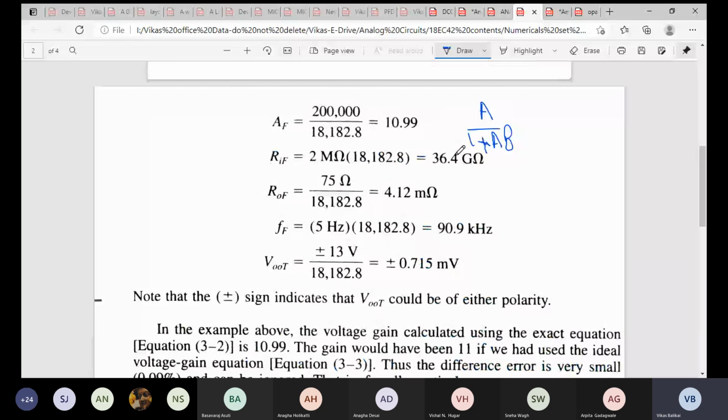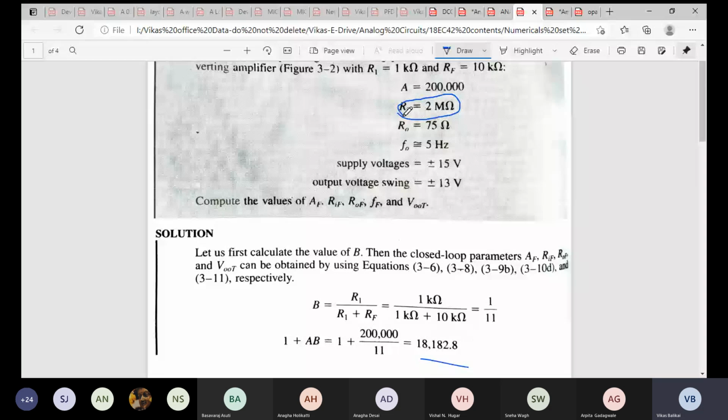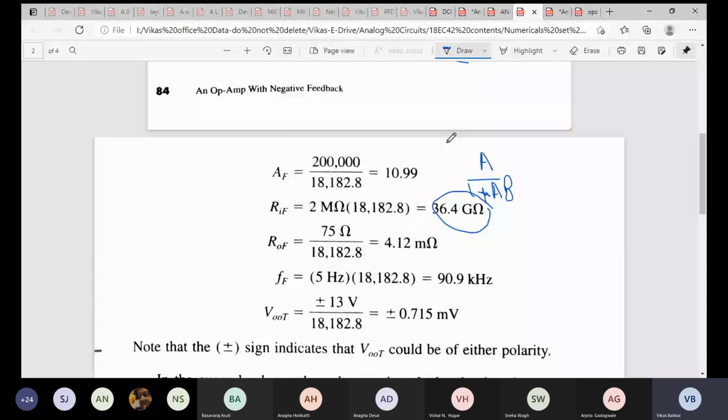And look here, what a huge value it has obtained. That is, the input resistance with feedback is 36.4 giga ohm, whereas input resistance without feedback is merely 2 mega ohm. So that's a huge difference that you can see by imparting the feedback concept in any of the amplifiers. So that's the beauty of the feedback concept.